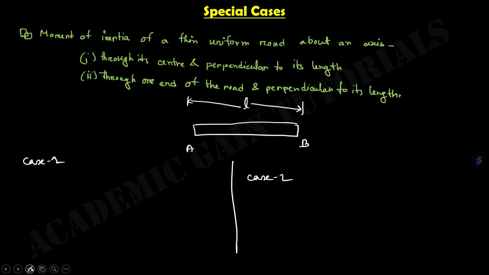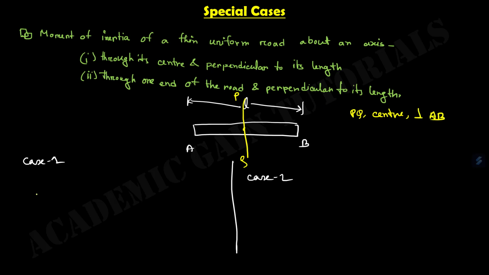This is the center, and this PQ is the axis we will consider, which is perpendicular to the length AB, and it is going through the center of this uniform rod.